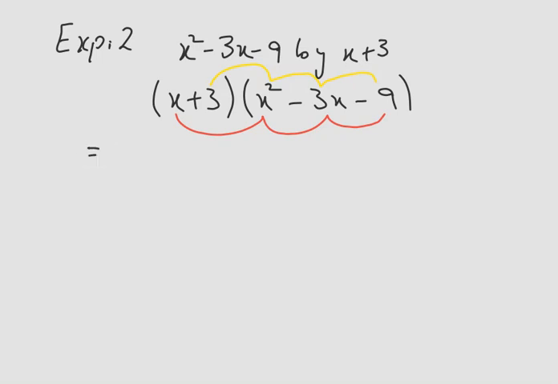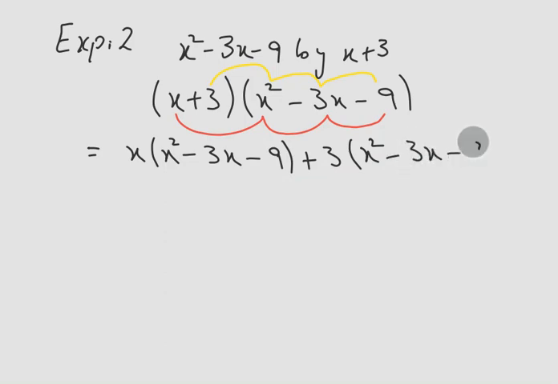First, x multiplied with x square. As I told you, the bases are same, so power will be added. You can write it like this also, x multiplied by x square minus 3x minus 9, then plus 3 multiplied by x square minus 3x and minus 9. Now we are going to multiply x with x square.